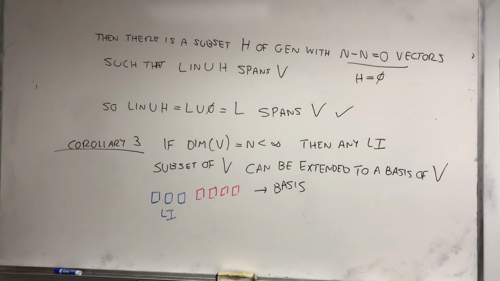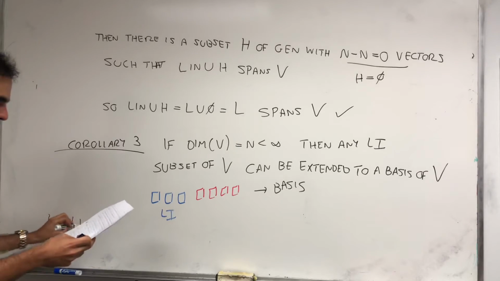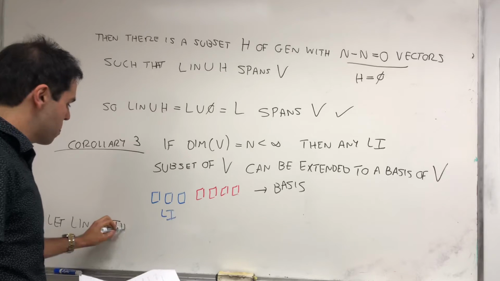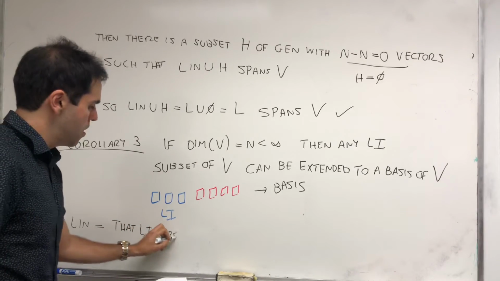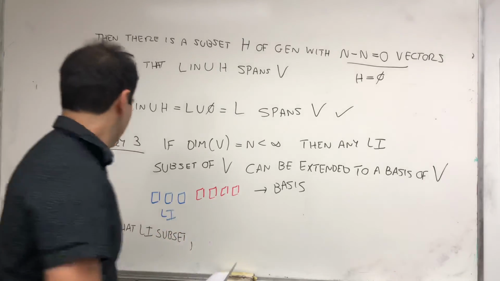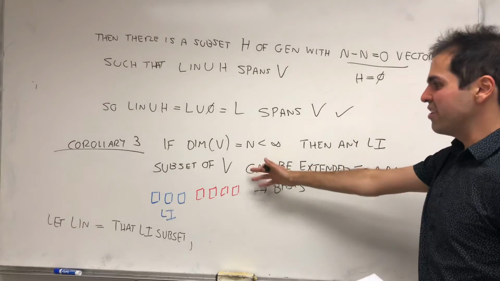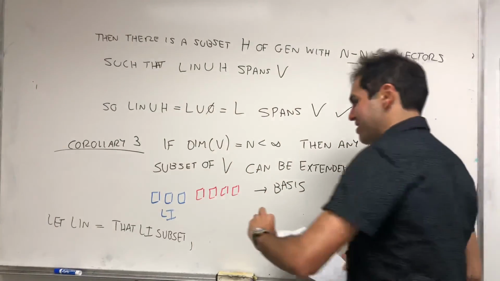And again, why is this true? By the replacement theorem, let L be that linearly independent subset. So good, it's a linearly independent subset. What is a generating subset? Well, all we can just use is the basis.